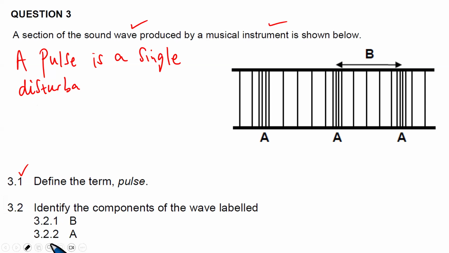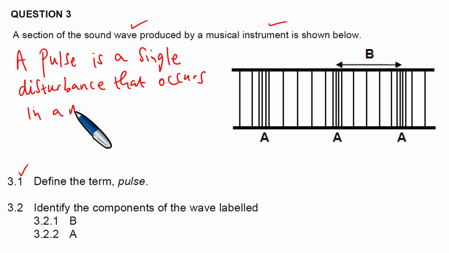So we have therefore that a pulse is a single disturbance that occurs in a medium. All right, a pulse is a single disturbance that occurs in a medium. So that is a pulse.